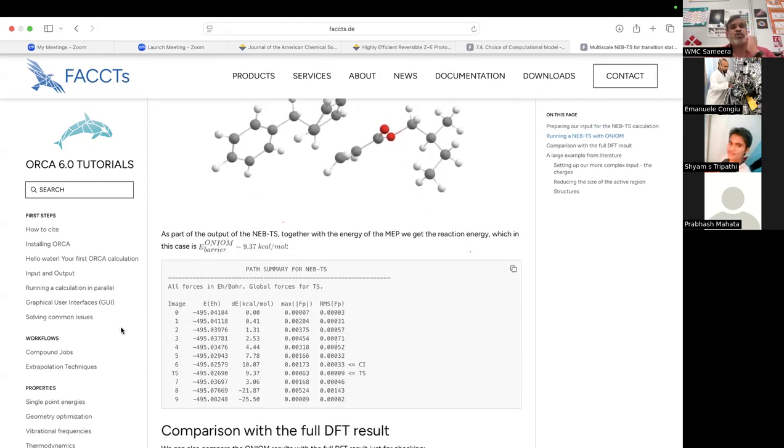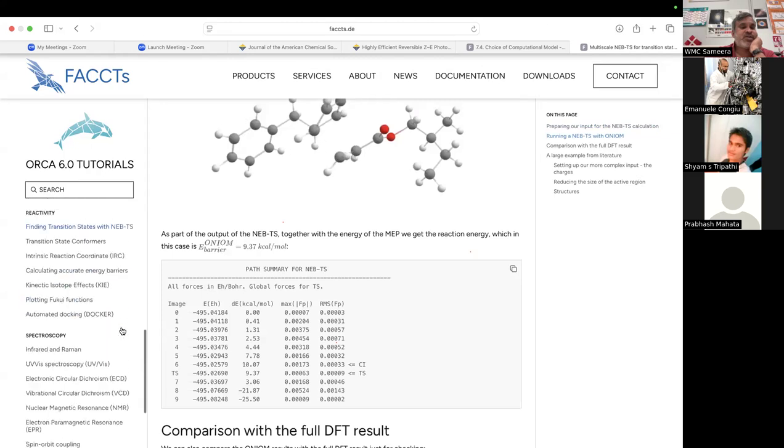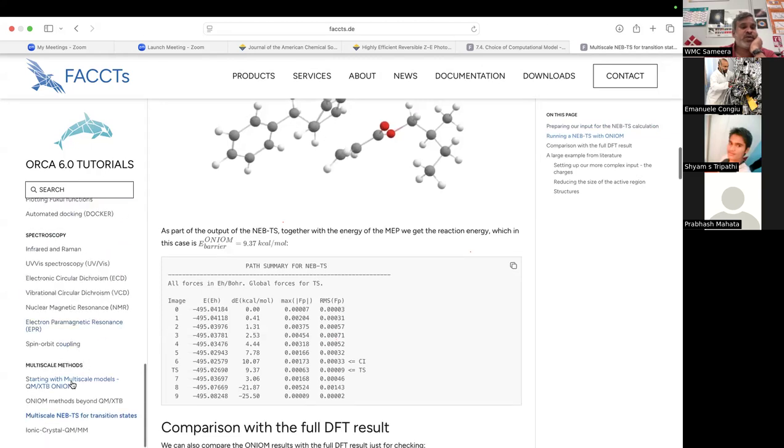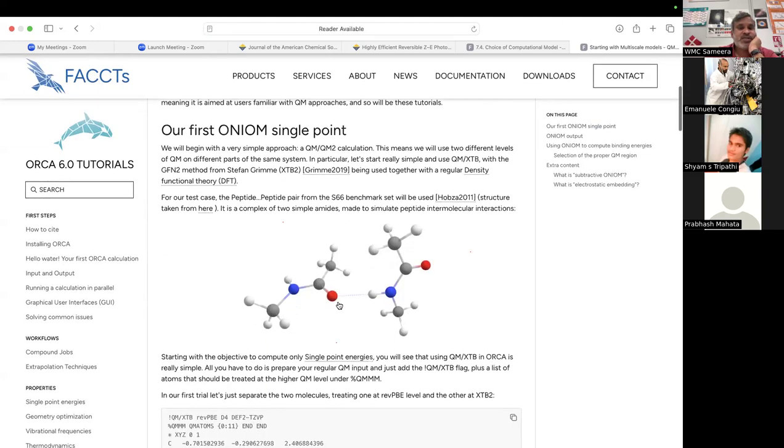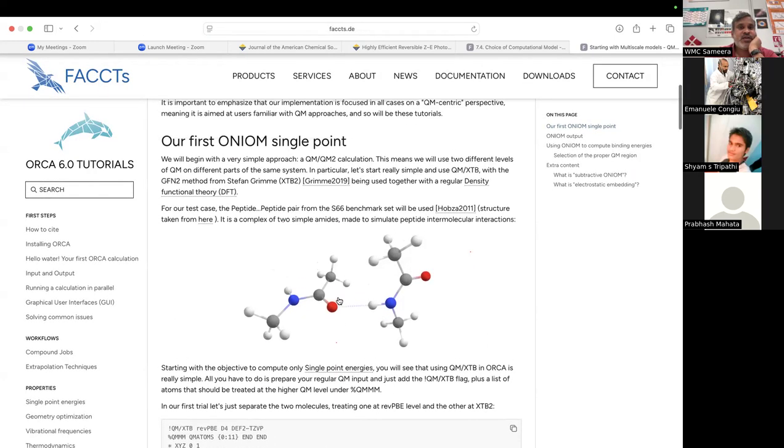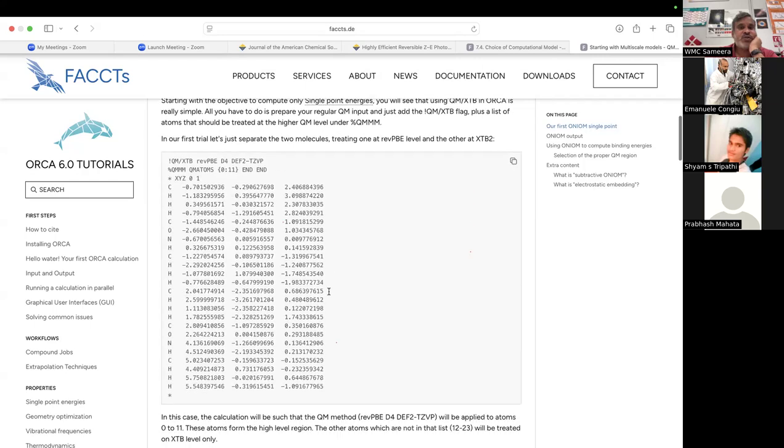Now let's try to do this hybrid calculation. I will do it, and if possible you can also do it with me. The simplest example is here. Our first step is to get the energy. This is an energy calculation for this molecular system.